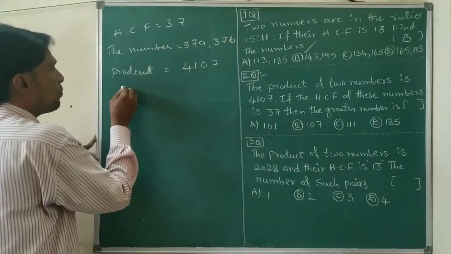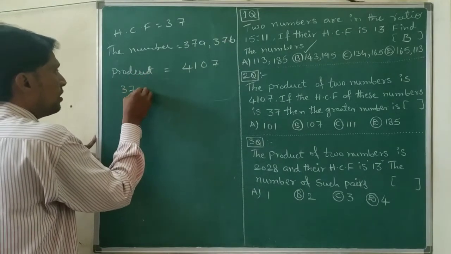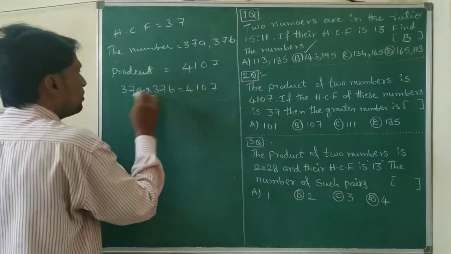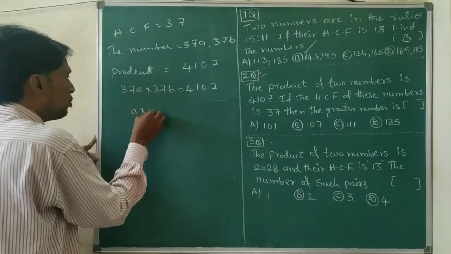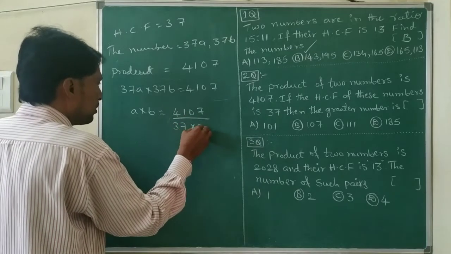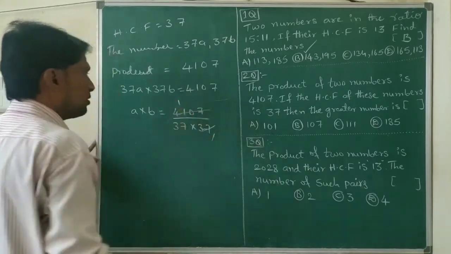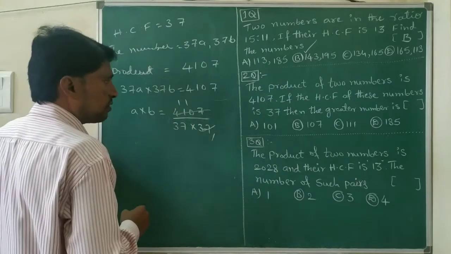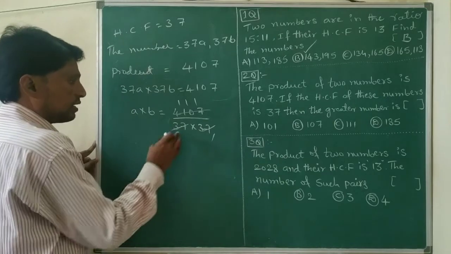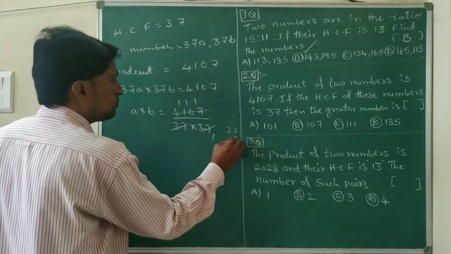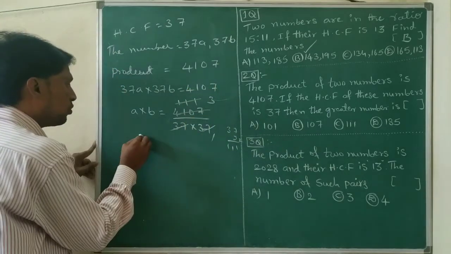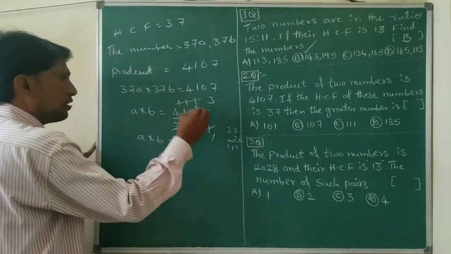Product means we need to multiply these two numbers. 37A into 37B equals 4107. Transposing the 37, A into B equals 4107 by 37 into 37. 37 ones are 37, 4 remained, 37 ones are 37, 3 remained. 37 3s are 111. So A into B equals 3, we got it.